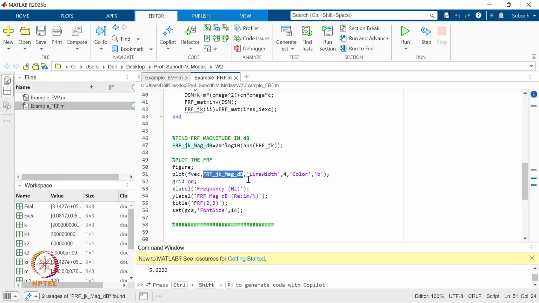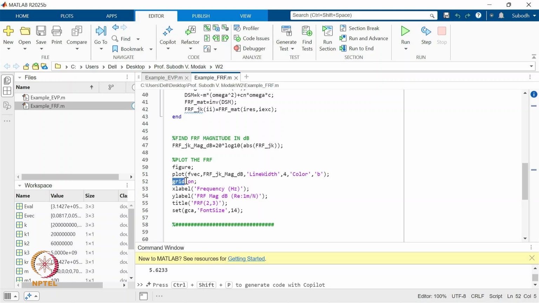This is the minimum we need to have, but of course I wanted to draw it with a thick line, so I have used another command. I am specifying the line width as 4, which you can change to 2, 3, whatever you wish, and I wanted a specific color, so I have used the color b. If you do not give these options, MATLAB will automatically pick its own options and plot it. So these options are not necessary.